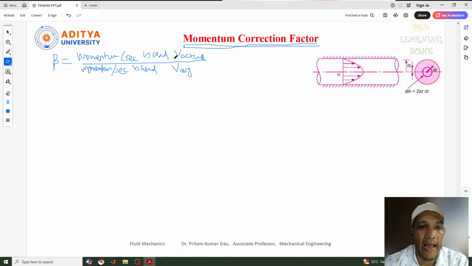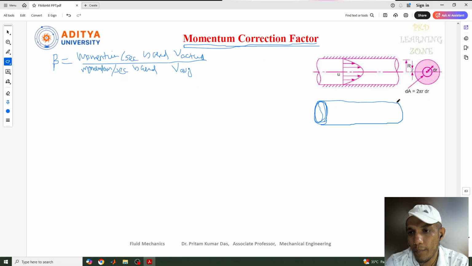What is the actual and what is the average velocity? Suppose there is a pipe, and we are considering the laminar flow or viscous flow condition. When a liquid is flowing through a pipe, there are a number of particles, a number of molecules flowing in it, each having its own different velocity.